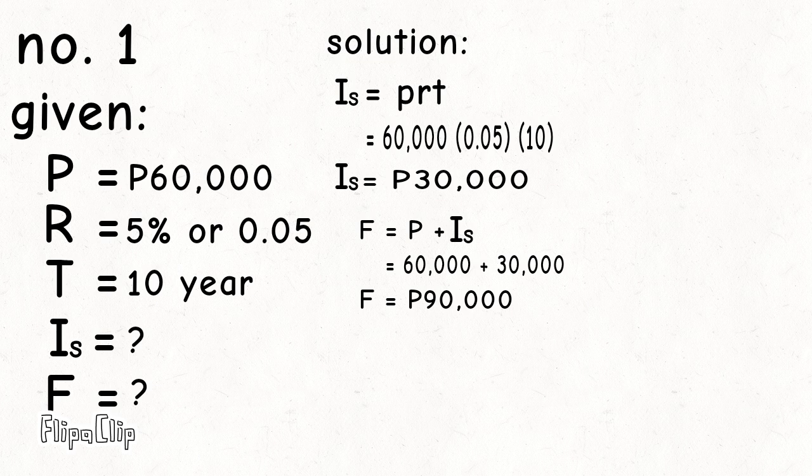So 60,000 plus 30,000 is equal to 90,000. It's almost as simple as answering 6 plus 3, which is 9. And since we got the answer, F equals 90,000 pesos.